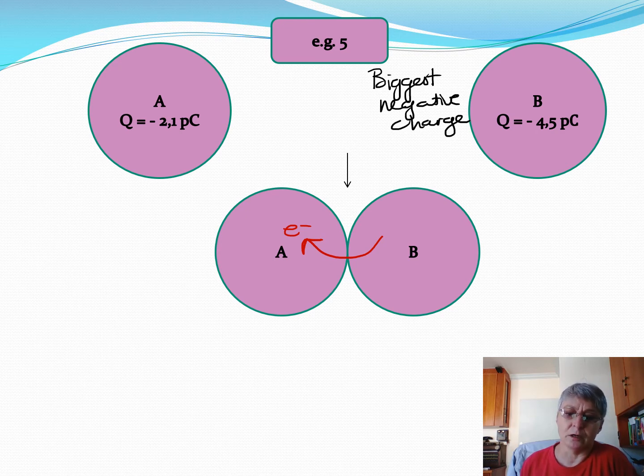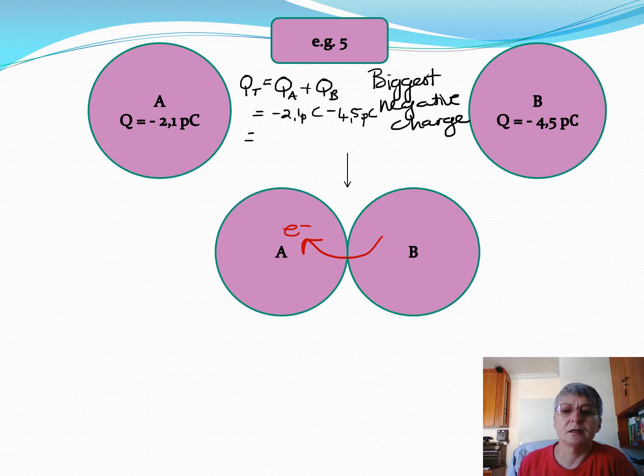Second thing we ask ourselves is, what is the total charge on this system? So it's the charge on A plus the charge on B, which is negative 2.1 picocoulomb plus the negative 4.5 picocoulomb, and that gives us a negative 6.6 picocoulomb. If they require you to write that in scientific notation, it is negative 6.6 times 10 to the minus 9 coulomb.